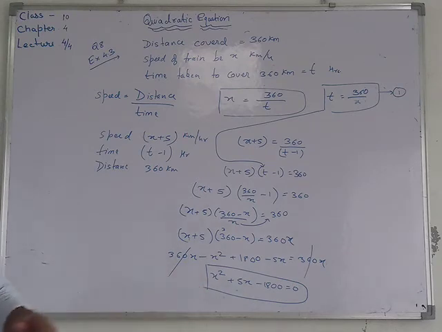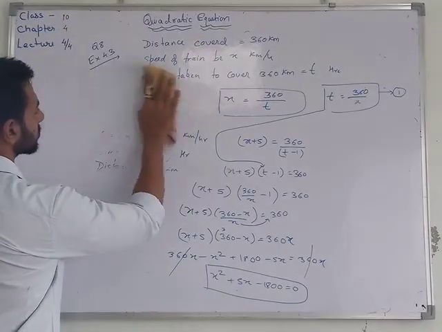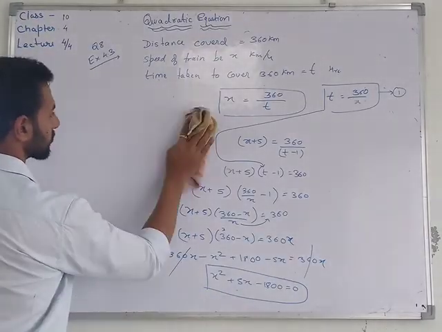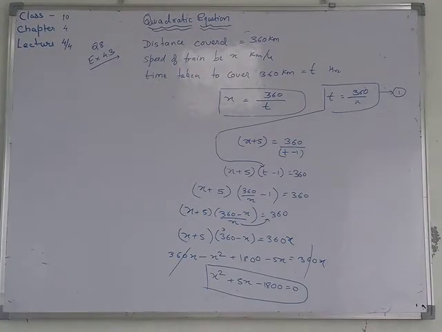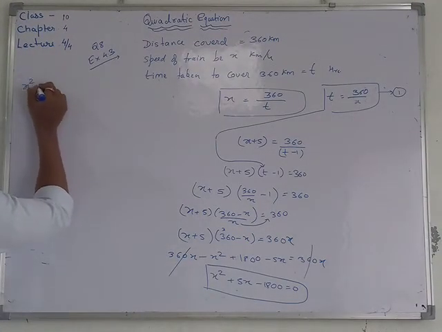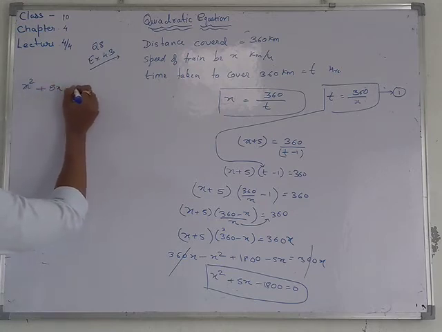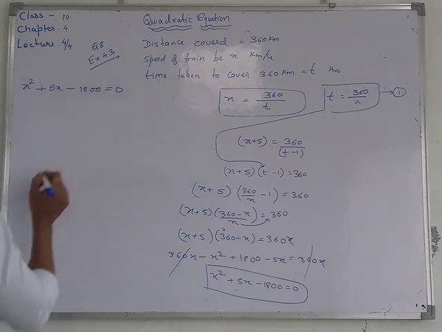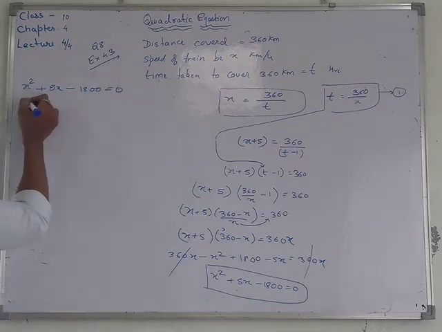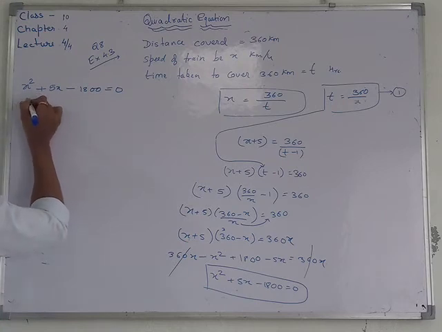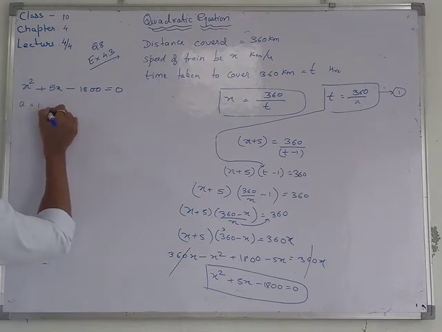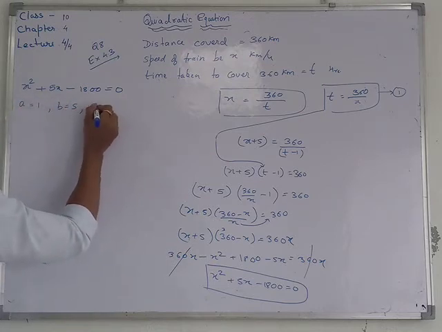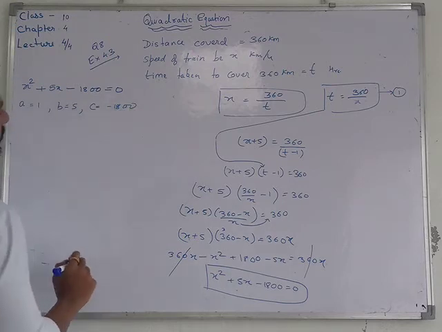Now further solving this quadratic equation, x square plus 5x minus 1800 is equal to 0. A is equal to 1, B is equal to 5 and C is equal to minus 1800.